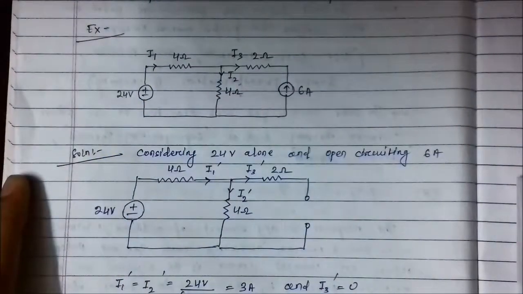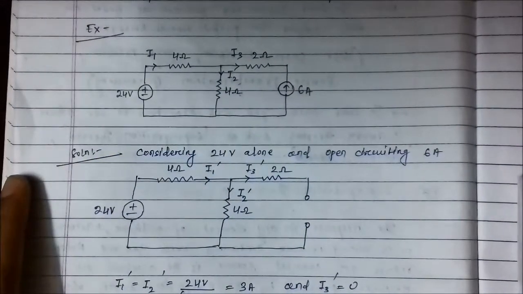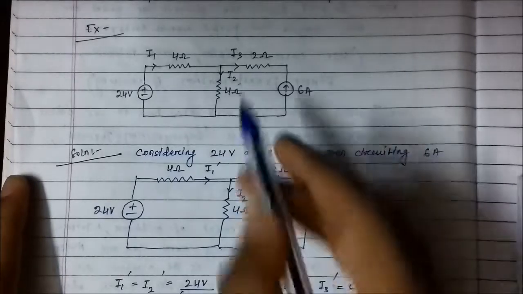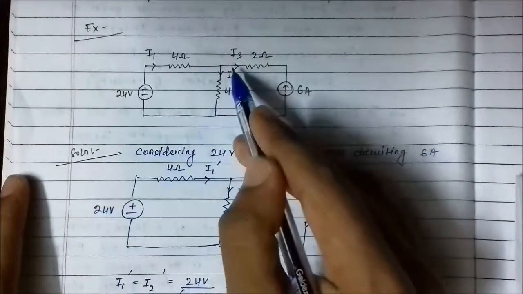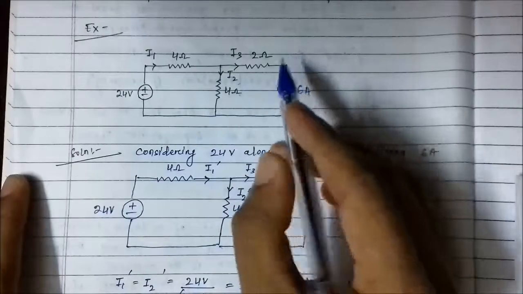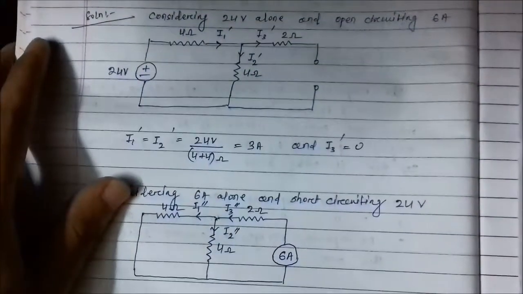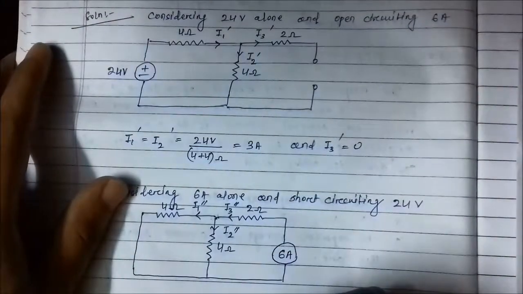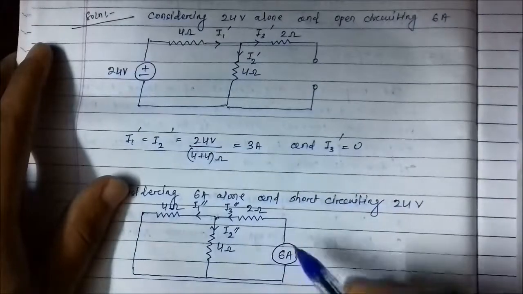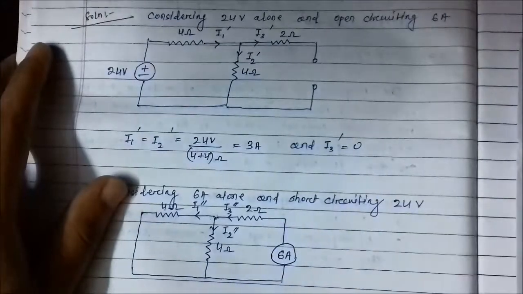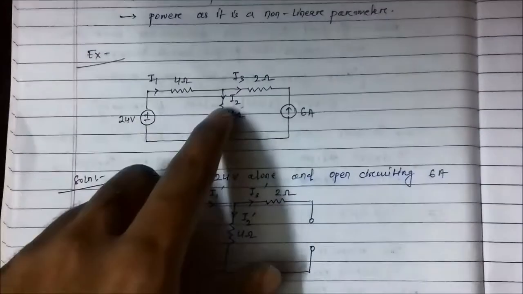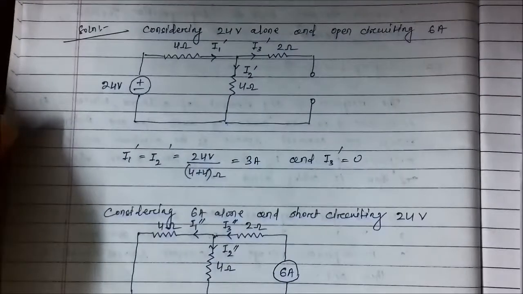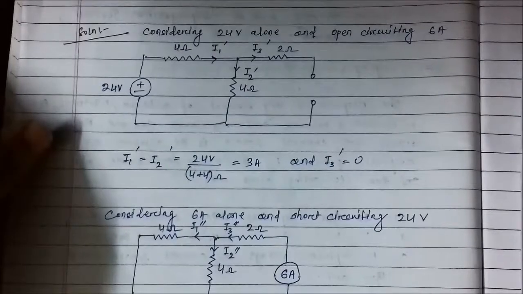So I1 double dash will be negative. Similarly I3 is flowing in this direction, but I3 double dash is flowing in this direction. So I3 double dash will be negative, minus 6 ampere. But in all the cases the direction of I2 is the same, downwards, so it will undergo no change in sign, it will always remain positive.